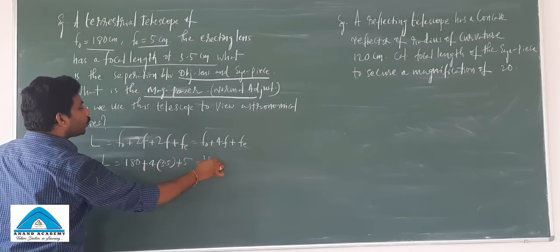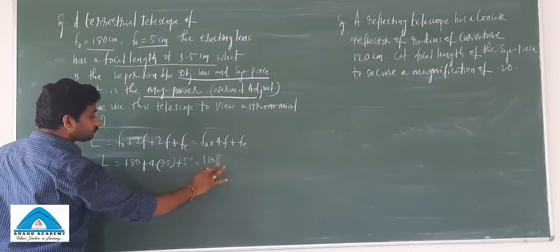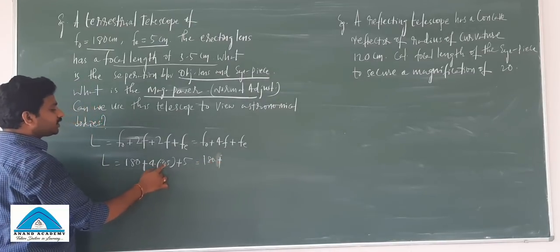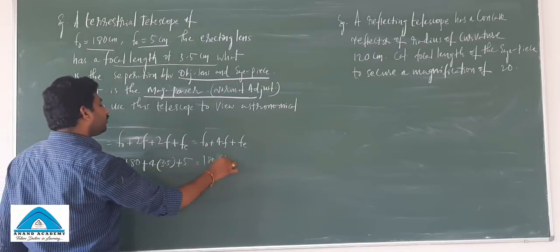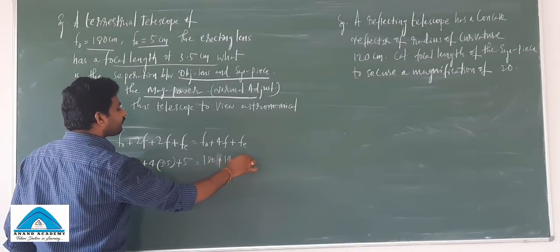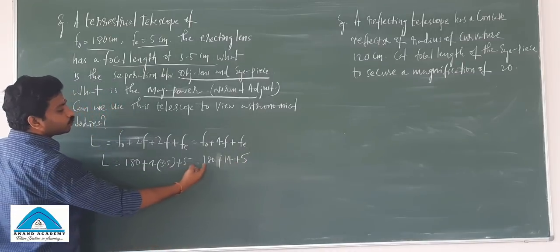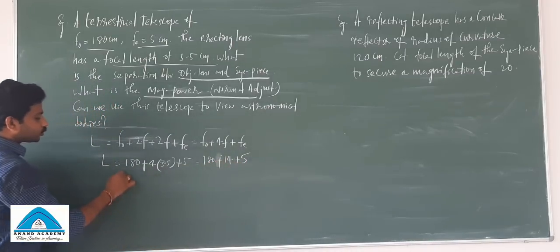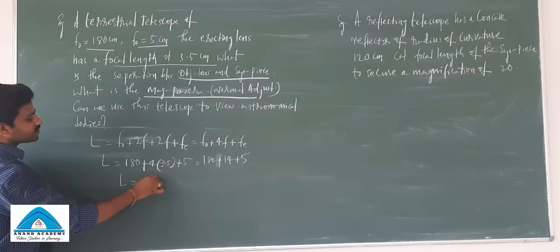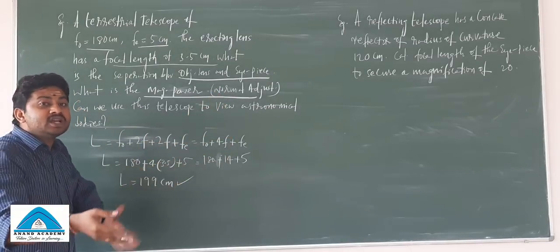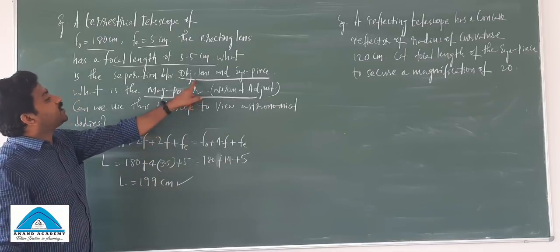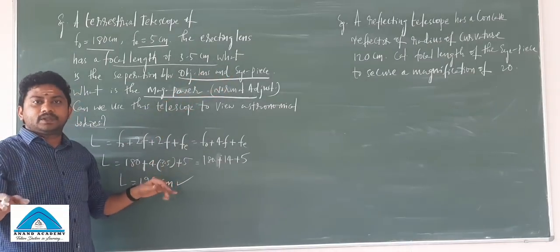So this is 180 plus 3.5 into 4, that will be 14, plus 5. So 194 plus 5, it's 199 centimeters is the length of the telescope. That means the distance between the objective lens and the eyepiece.